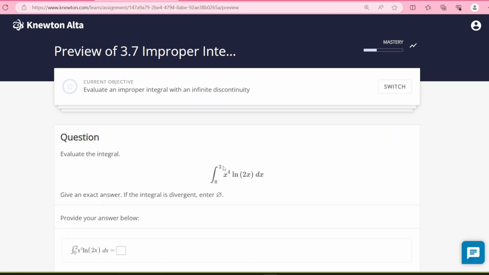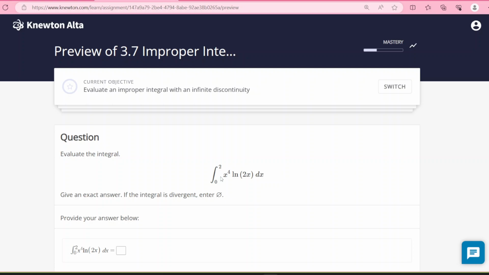The problem is the function that is in the integrand is not continuous over that interval. Now, there are three cases here, right? One where it's not continuous at the lower limit, one where it's not continuous at the upper limit, and then one where it's not continuous for some value in between.